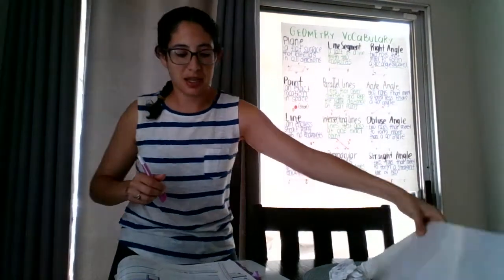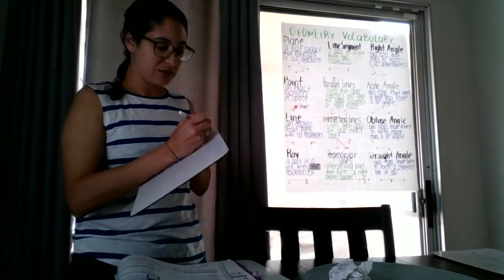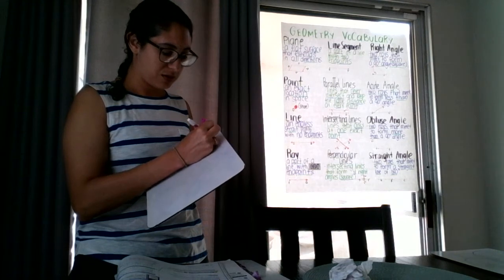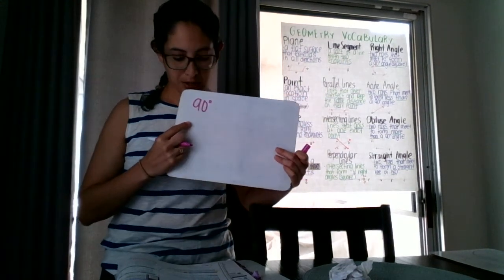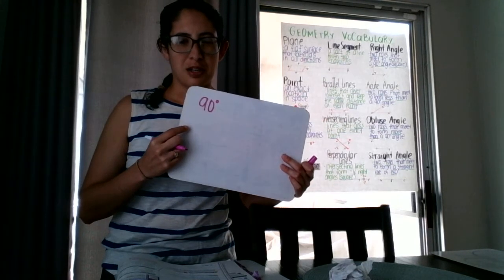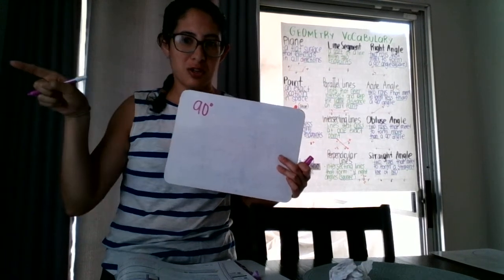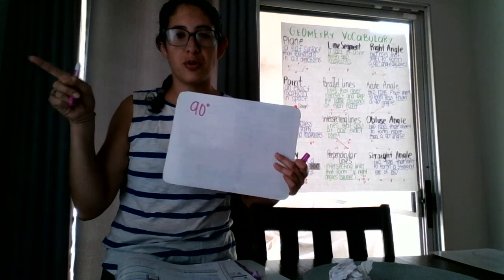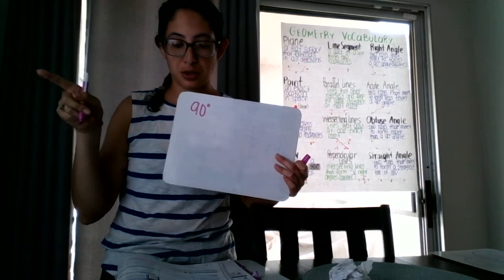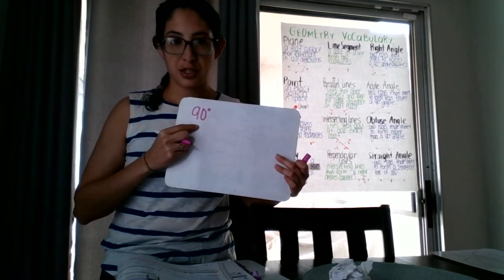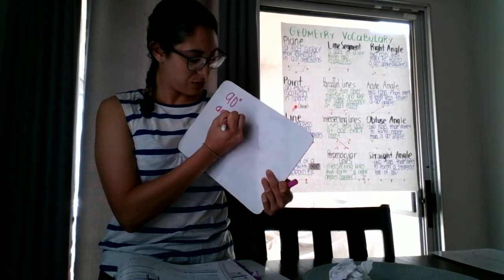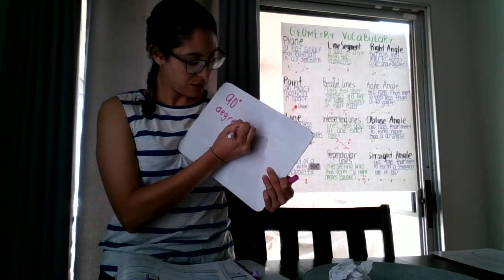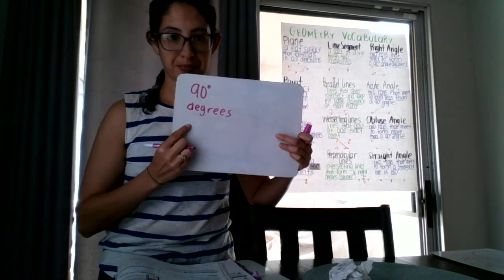Okay, so I kept saying that a right angle was equal to 90 degrees. Okay, I know some of you are thinking, Miss Espy, degrees are usually used to measure how hot or how cold it is outside. Yes, that's true. But degrees is also used to measure angles.